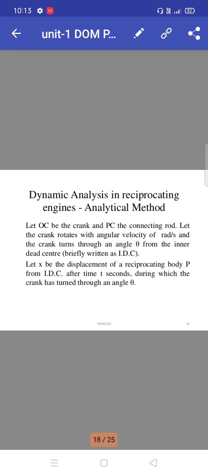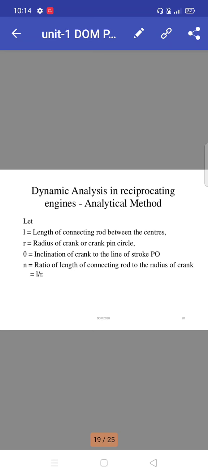Let x be the displacement of the reciprocating body P from IDC after time t seconds, during which the crank has turned through an angle theta.